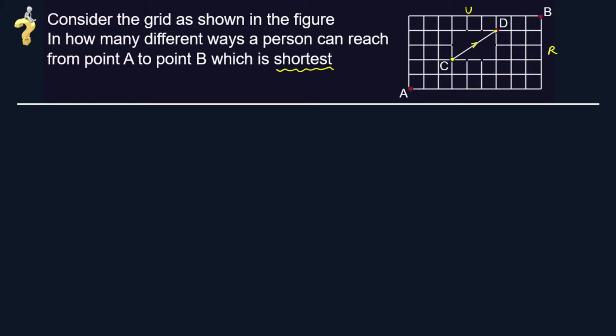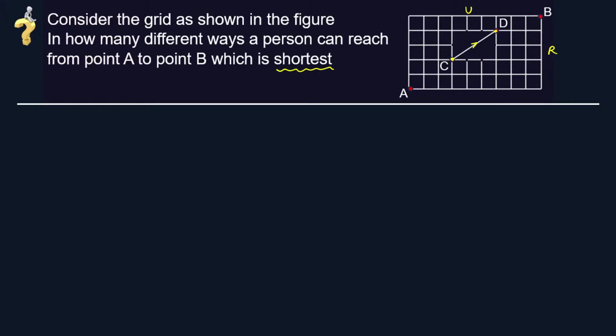But if you reach C, then from C to D there is only one path, and to find the shortest distance, we should take advantage of this path. Then only the path will be the shortest one.